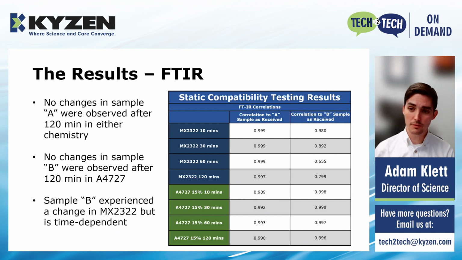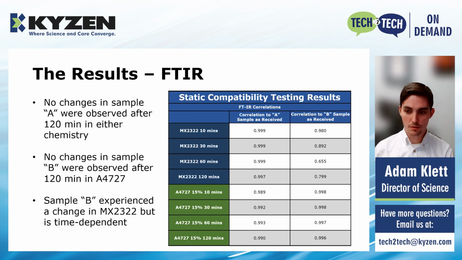In the first column, for sample A, we see that in both the 2322 and the 4727, we see very high correlations, which means that there's little to no difference between the as received material and the tested material. If we look at material B in the second column, we see a very similar story with the 4727 on the bottom right.